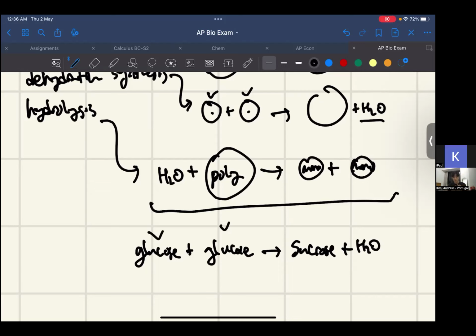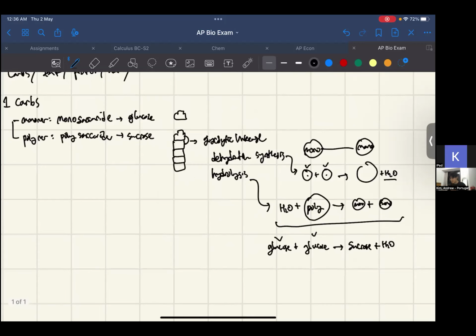From glucose's perspective, they're being robbed of H2O in order to combine, right? They're losing water, dehydration, okay? So that's how dehydration synthesis works in order for a glycosidic linkage to be made and in order for a polymer to ultimately be made, right? So those are the two things we have to remember.